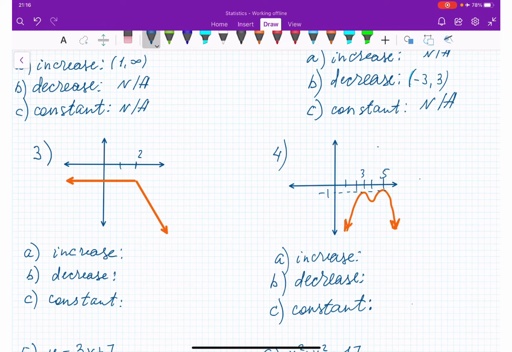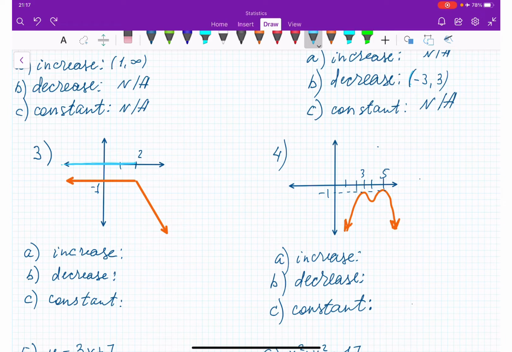And this is, let's say, -1, this point. So what do we have on this piece that's running from -infinity all the way till 2, which is going to be this one, right? It's going to be what? Constant, correct?